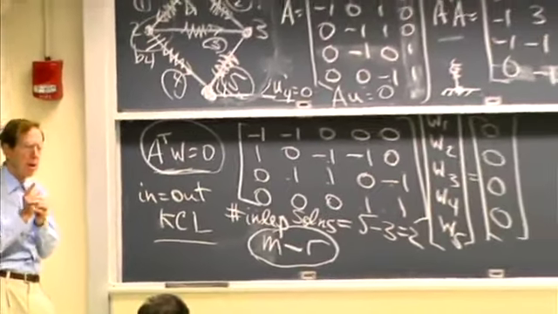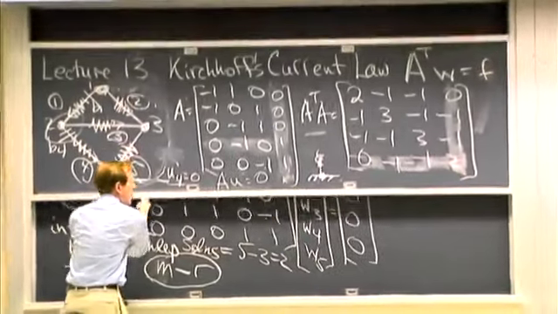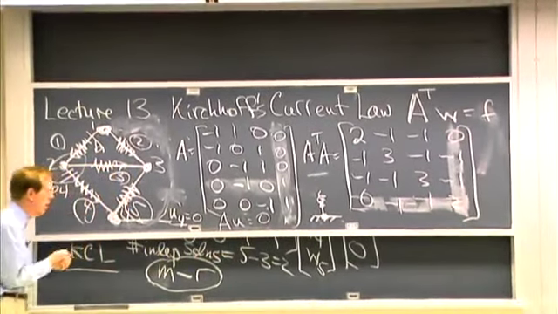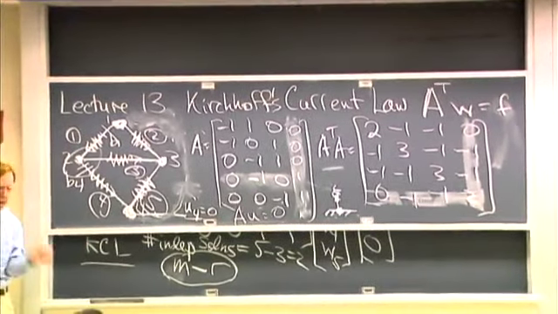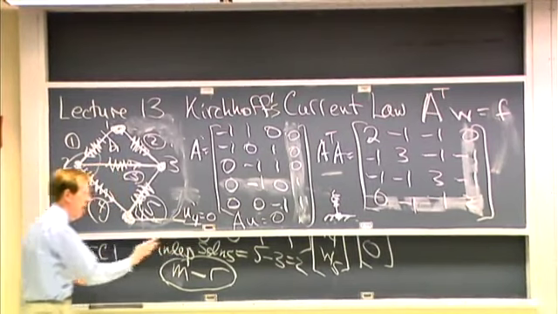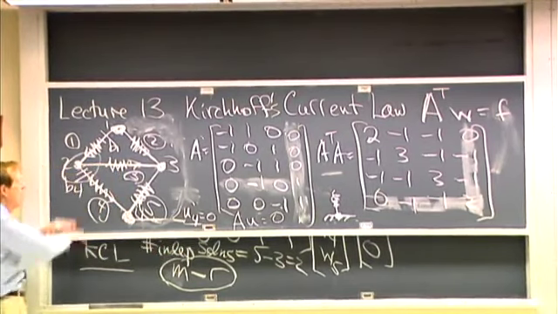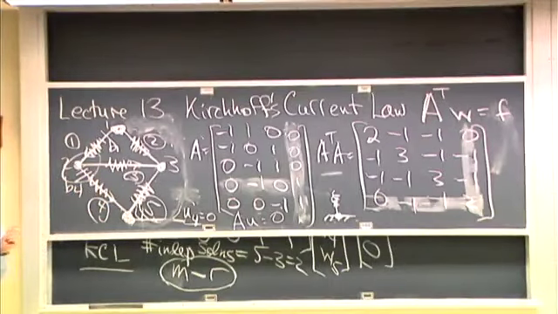Let me give you an idea here. So what are we looking for on the graph that solves it? We're looking for a bunch of currents that balance themselves, right? We've got 0 on the right-hand side, so we're not getting any help from outside. How could you send current in this loop in a way that would satisfy Kirchhoff?